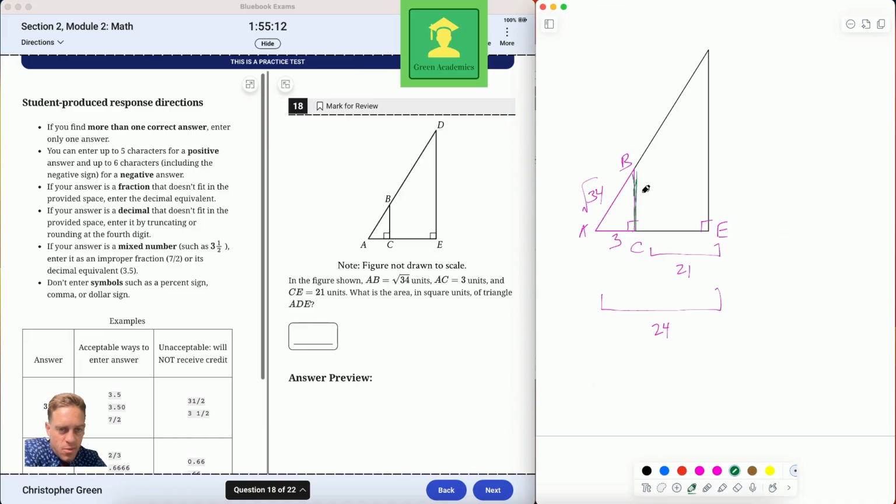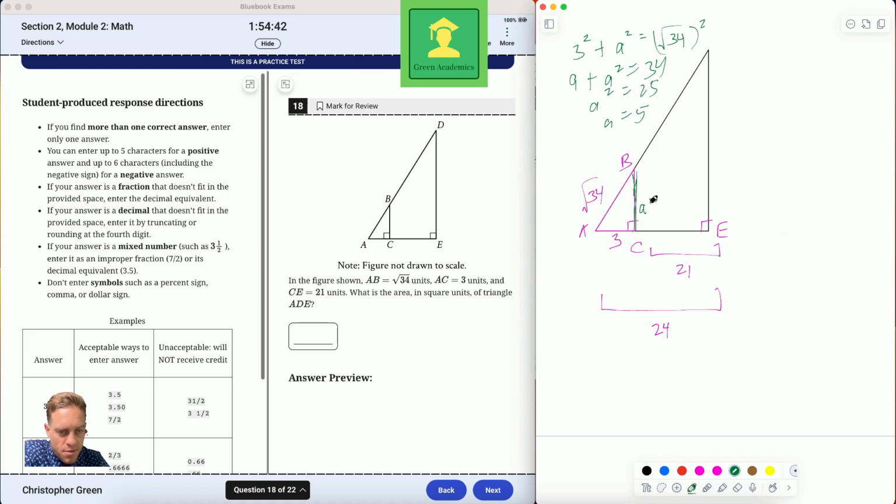So I'm going to write that as 3 squared plus the thing you're looking for squared, which I'm going to call lowercase a, because lowercase a is across from capital A. 3 squared plus a squared is root 34 squared. So 9 plus a squared is 34. A squared is 25. So a comes out to be 5.